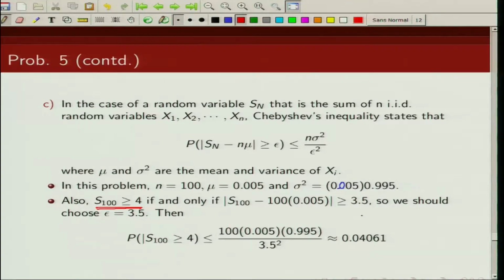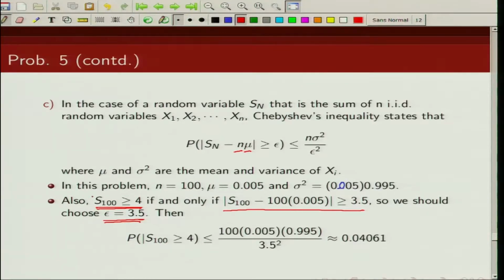We are interested in knowing that the sum of ones is greater than or equal to 4. So we choose our epsilon in such a way that the sum of these 100 bits comes out to be greater than or equal to 4. So for the given value of n and mu, our epsilon should be chosen as 3.5.